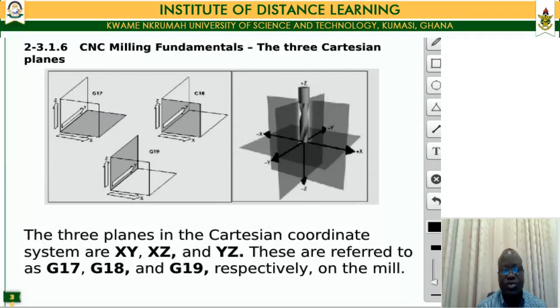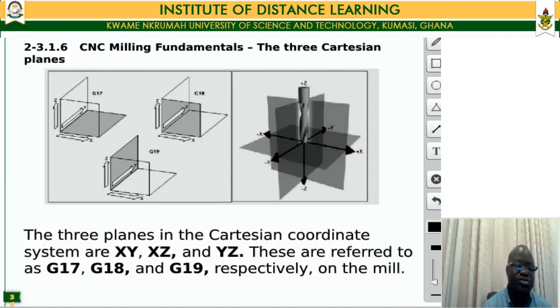Okay, now when it comes to the Cartesian planes, depending on the orientation of the plane that you are actually machining, you have a code that is assigned to the orientation of the plane that the tool is working in.